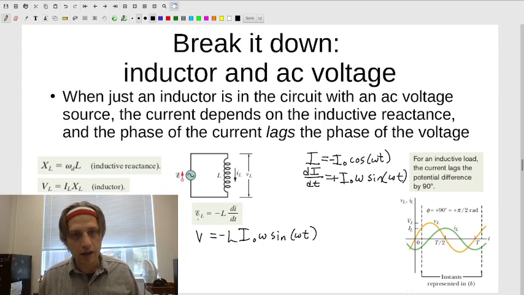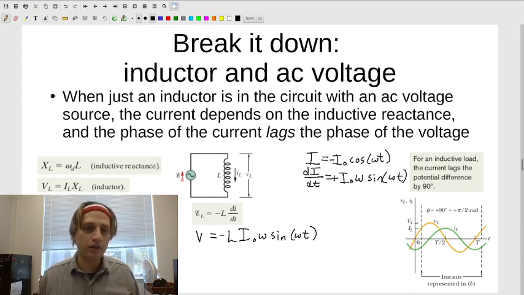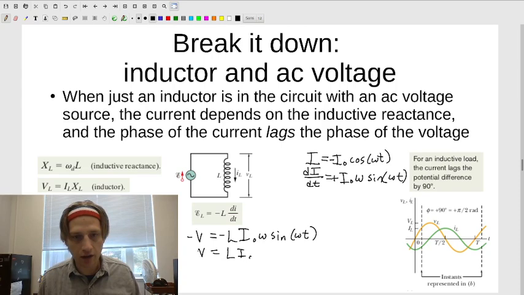And this voltage, it turns out, is the induced voltage going backwards. So if I want the voltage that's being applied, the total sum around the loop is 0, so this would be minus. And so the voltage being applied there would be L I naught omega sine omega t.